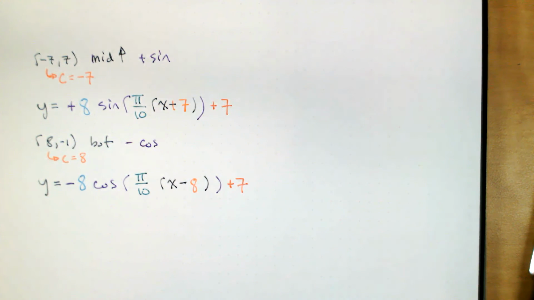All I need to do is give you two different points that have a different vertical location and a different horizontal location. If I give you the top and the middle, that gives you the amplitude, and then you just apply that to the bottom. If I give you the top and the bottom, that gives you double the amplitude. You cut it in half to figure out the middle. Everybody okay?